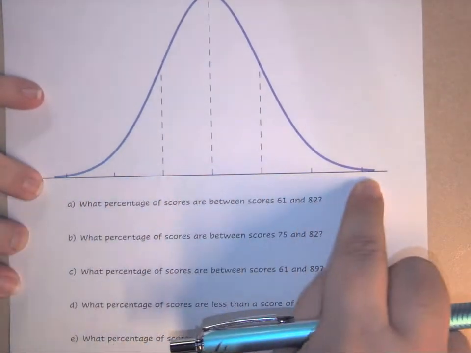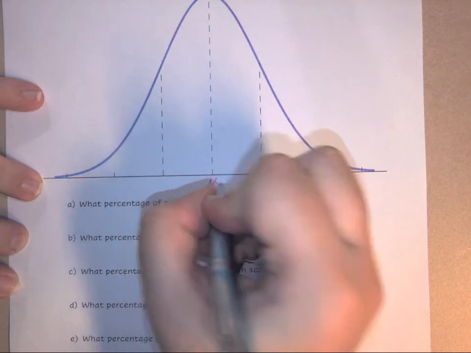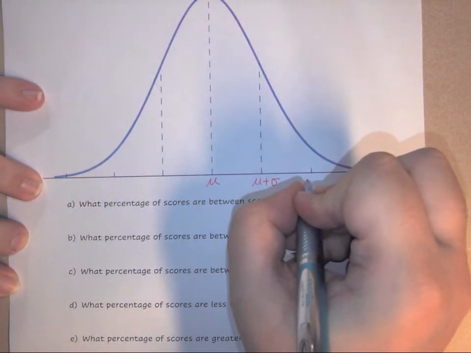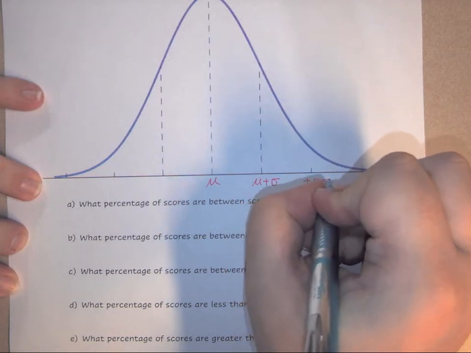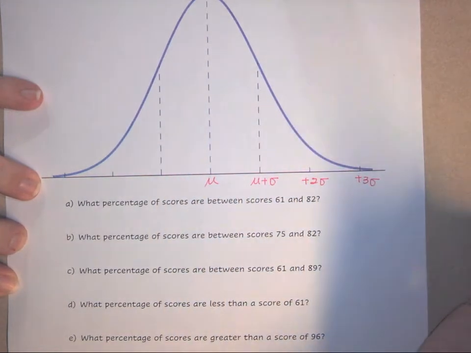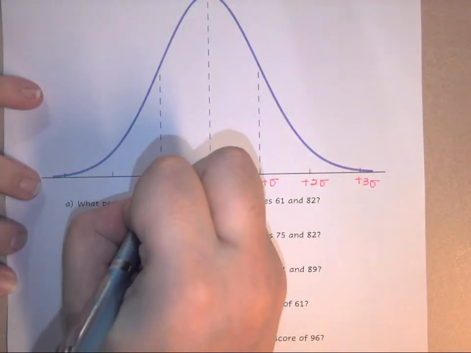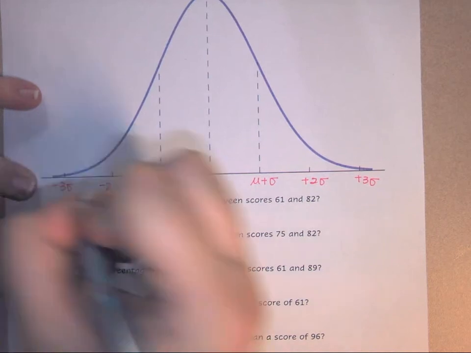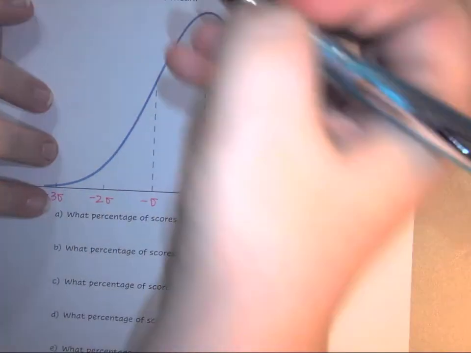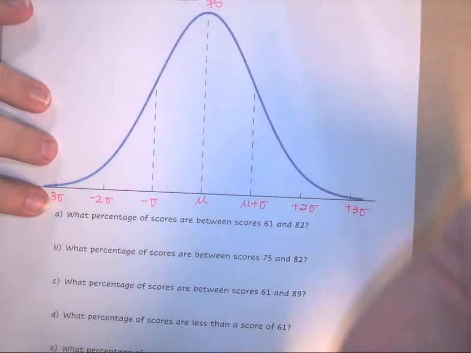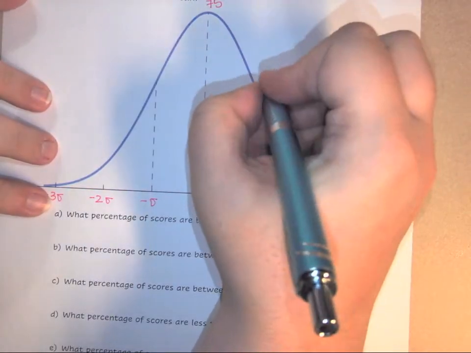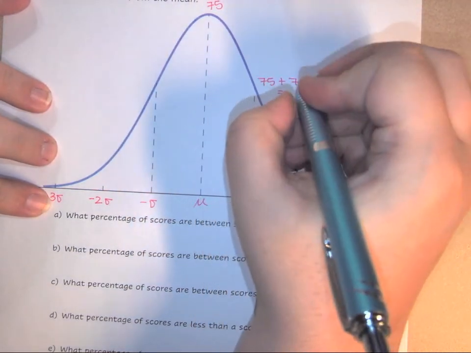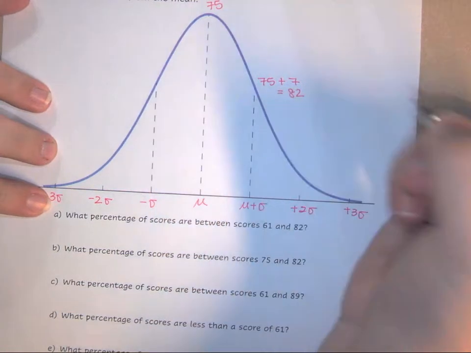First thing I would label across the bottom. The center is your mean, then you're going to go plus a standard, plus 2 standards, and plus 3 standards. Then you got to subtract. We're going to subtract a standard, subtract 2 standards, subtract 3 standards. My mean was given to me as 75. To get to my first standard, I'm going to have 75 plus my standard of 7, which is going to give me 82.